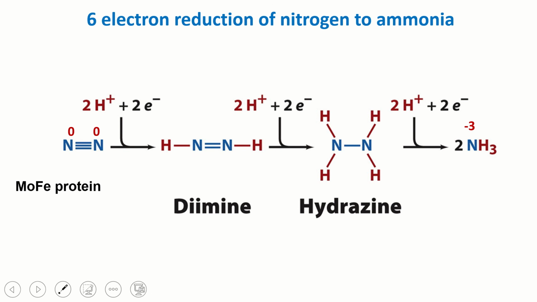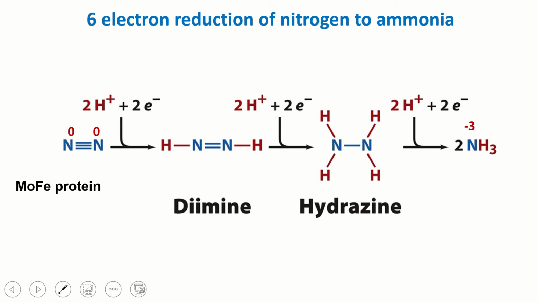So this is not a complete picture of the mechanism of dinitrogen reduction, but this is based on what intermediates have been observed during turnover and what alternative substrates can be used to ultimately form ammonia.